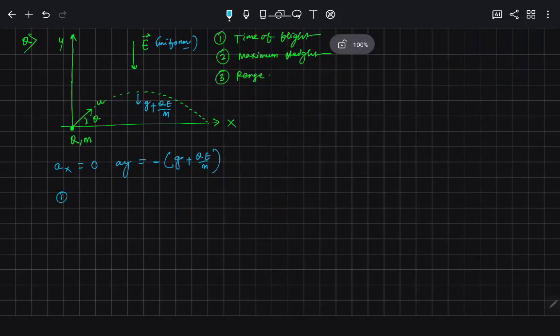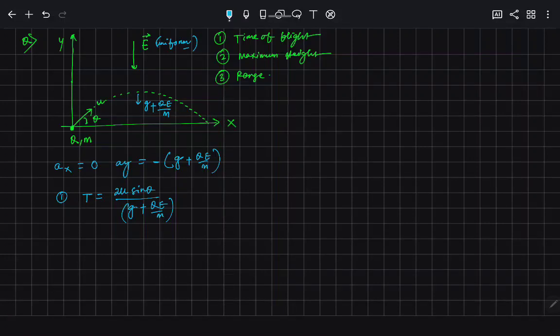Time of flight, I am just applying the formula directly, because you know everything. Time of flight will be 2u sin theta, the speed along the y direction, divided by g plus qE by m. You know this formula, right?